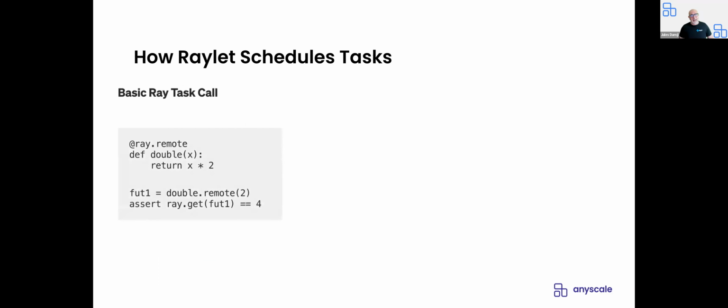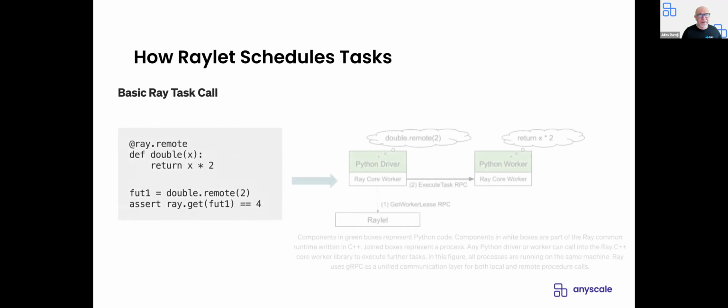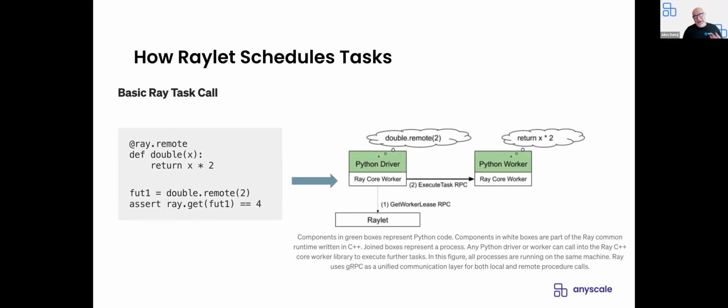So I talked about the Raylet. How does it schedule tasks? How does it do that? It uses different policies. One way it figures out where to schedule a particular task is that I'm going to ask a particular Raylet to give me a list of nodes, because I have some requirements: I need this particular task to execute on a GPU, and I need another one on a CPU.